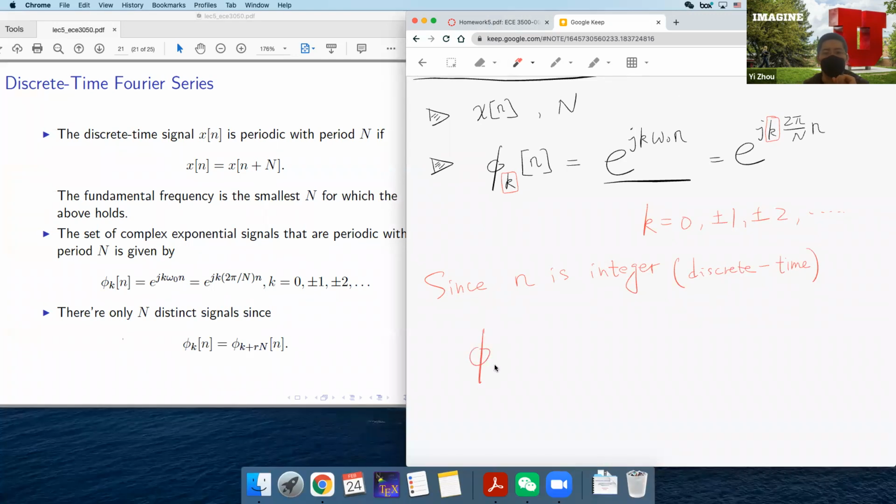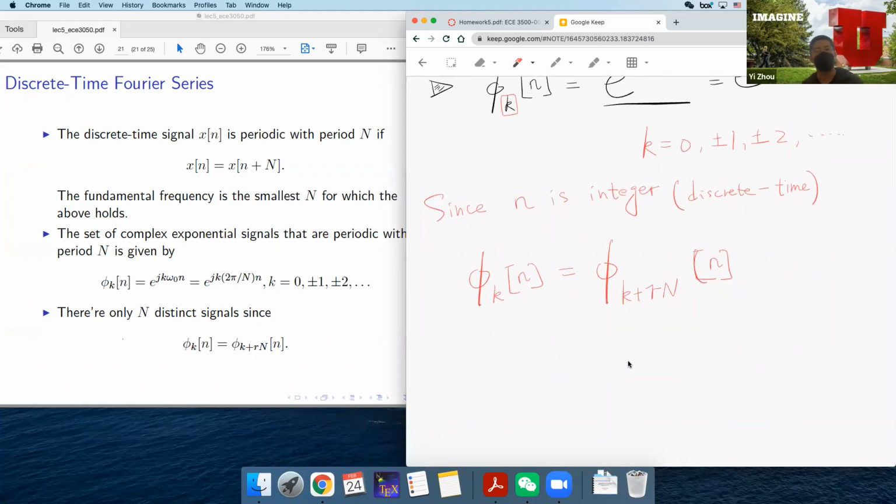That makes phi_k[n] periodic in the following sense: the k-th basis coincides with the basis of k plus any integer times capital N, which means that the basis is periodic with period capital N.